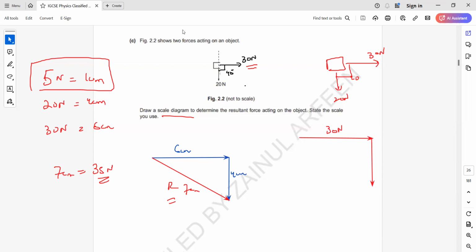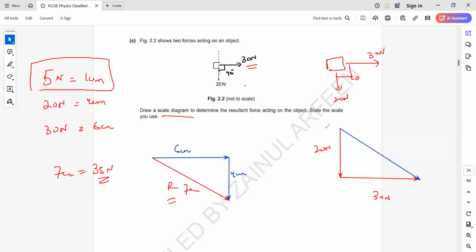If you start with the 20 Newton first, it will not make a difference to the final answer. The resultant is from the tail of the first to the head of the last. That will be the resultant.